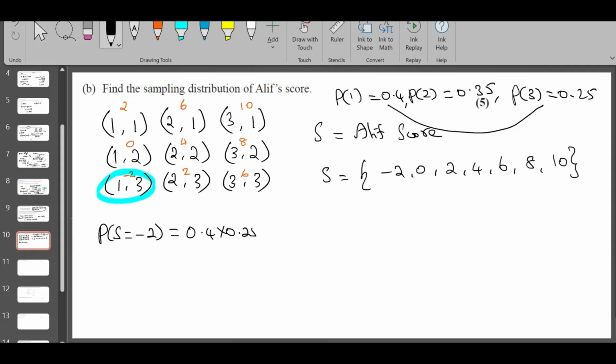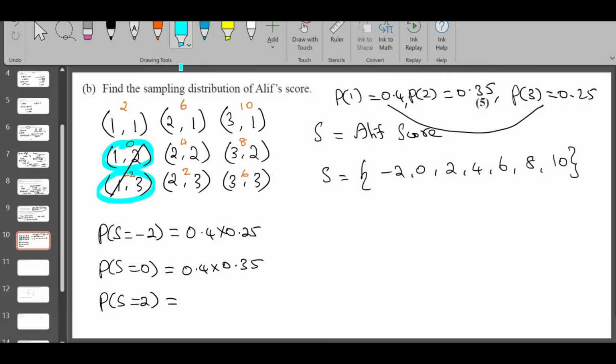0.4 times 0.25. When S is 0, there is only one combination, this one. So it's 1 and 2. 0.4 times 0.35. So probability of S is equal to 2. For 2, we are done with these two.